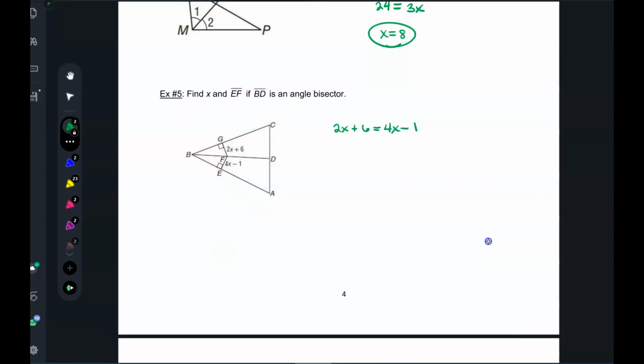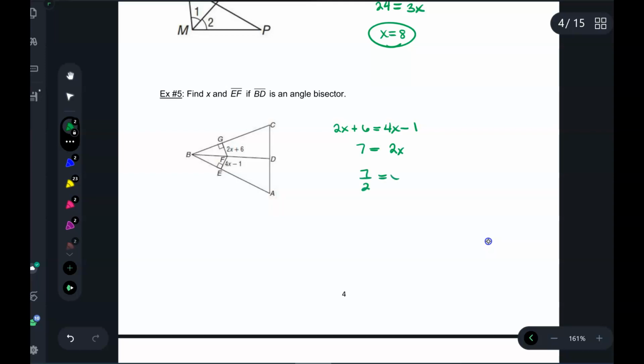These two segments have to be equal. Okay, listen, with an angle bisector, no matter what, you're just going to make them equal to each other. Anytime you see the word angle bisector, make them equal. Did you get a fraction? That's okay. Yeah, I got x equals 7/2.